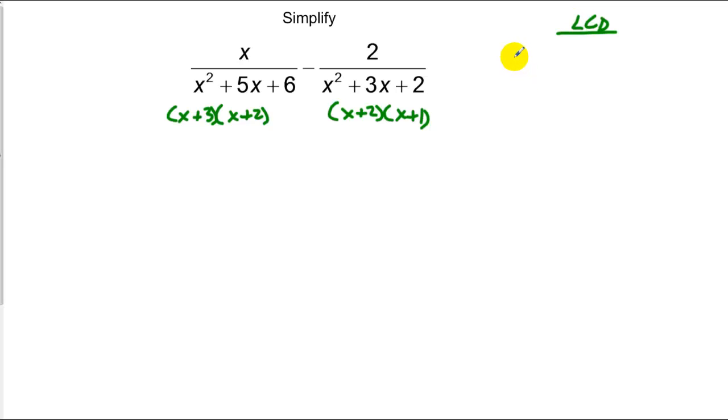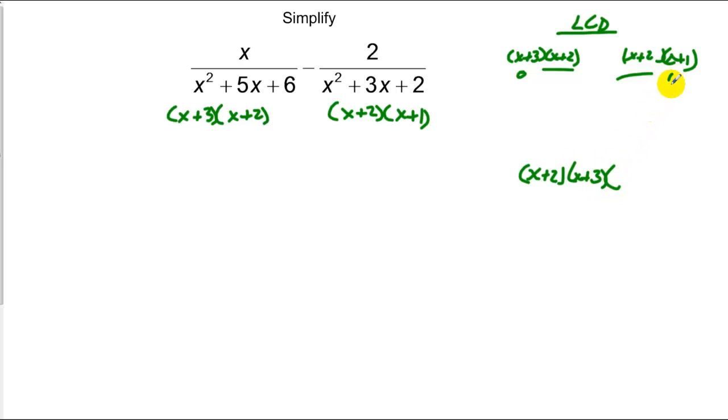Once again, on the left I have the x plus 3, the x plus 2, and on the right I have the x plus 2 and the x plus 1. The x plus 2's are in common, so I'm going to need that, as well as the x plus 3 from this guy and the x plus 1 from this guy. So there's my LCD.